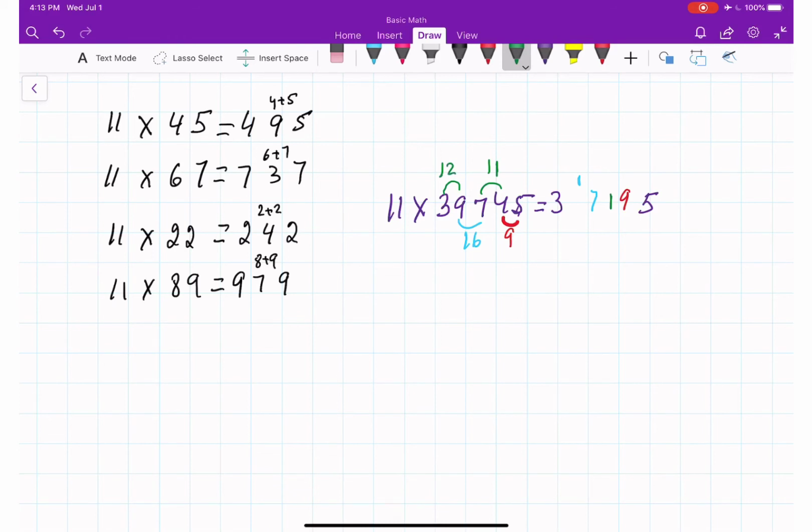So 12, if I write down here 12, 1 comes here, 1 and 2, it's gonna be 3. And this 3 and 1 is becoming 4. Check it, multiply, and you can check on calculator.